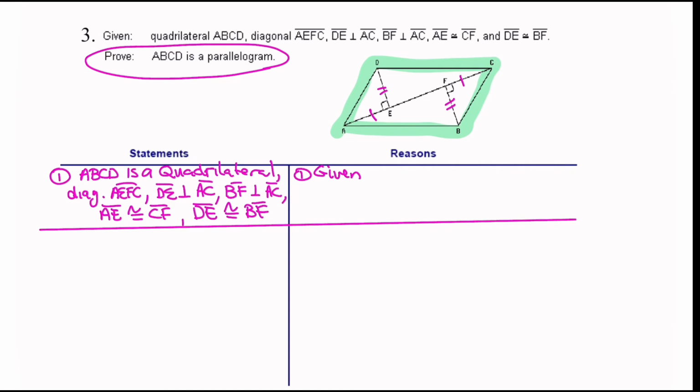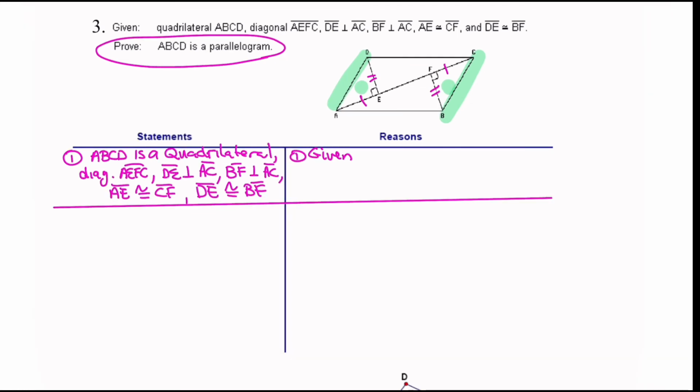Okay, so the way that we're going to go about this is we're going to go after these two sides. And because they're connected to these two triangles, we can do that. Okay, so 2, what are we going to say? We're going to say that angles 1 and 2 here are right angles by definition of perpendicular.